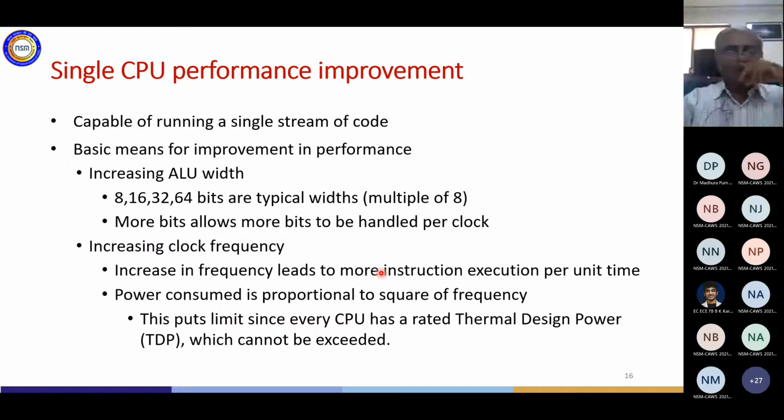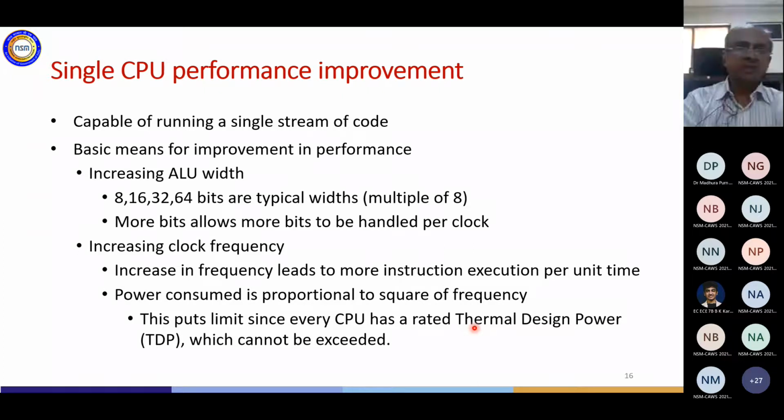However, what should be noted is the power consumed by the CPU is proportional to the square of the frequency, meaning you double the frequency, power will increase 4 times. And this is not a good thing to happen, because every CPU has what is called a rated TDP, and this cannot be exceeded.